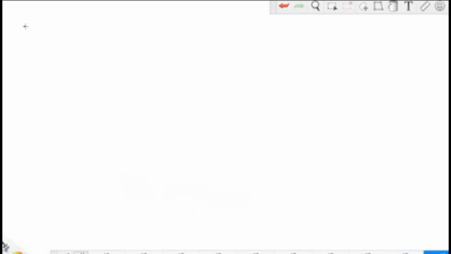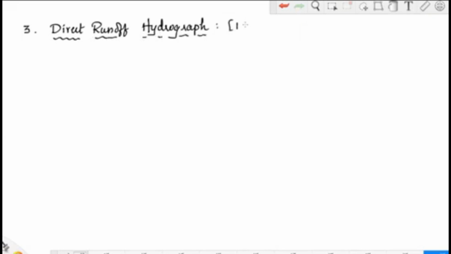So the third point you have to remember is direct runoff hydrograph. In short, we call it DRH.